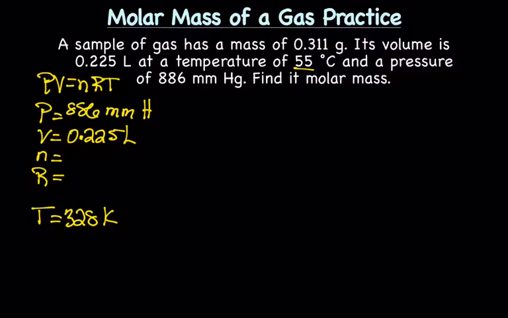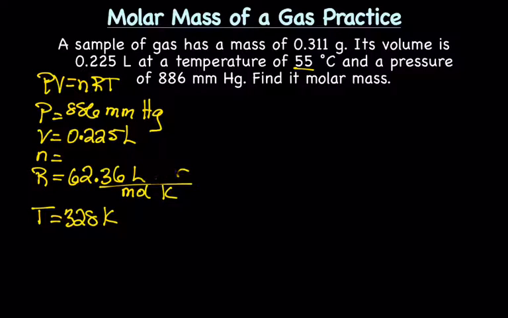And now we need to get our R. We'll be using the 62.36 liters torr per mole K. Now, why did I pick that one? Well, I actually have to make a change here.